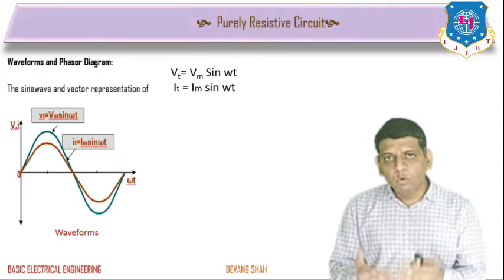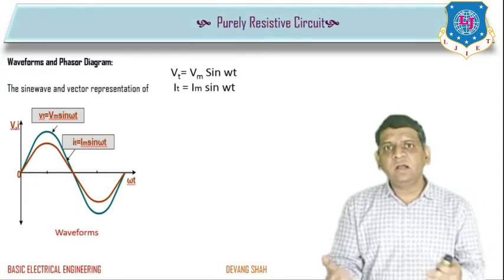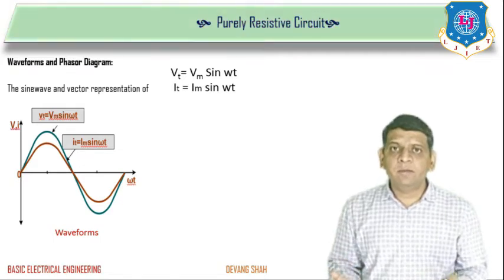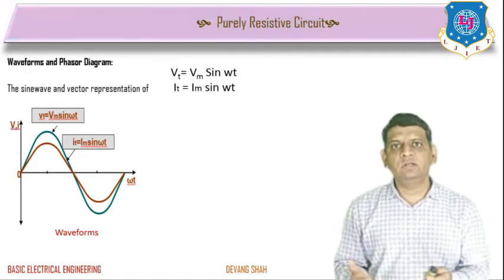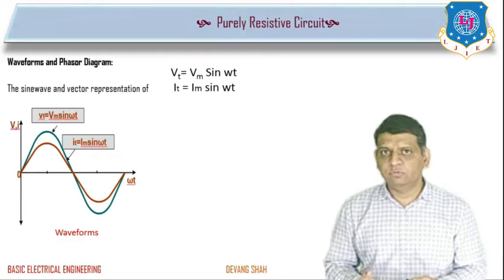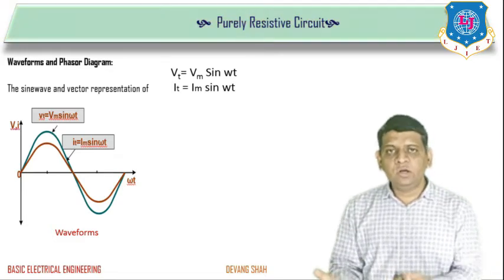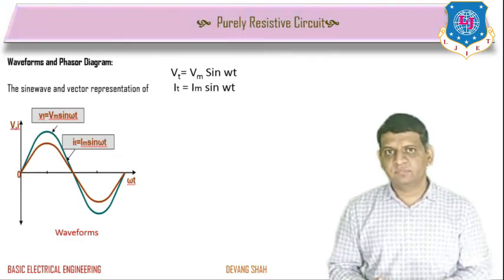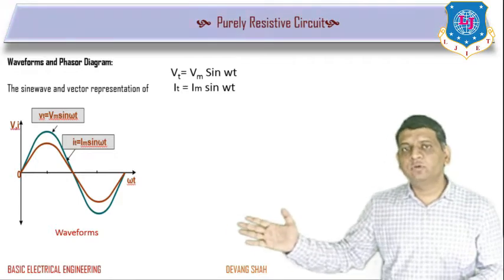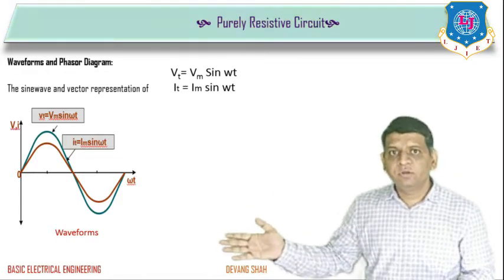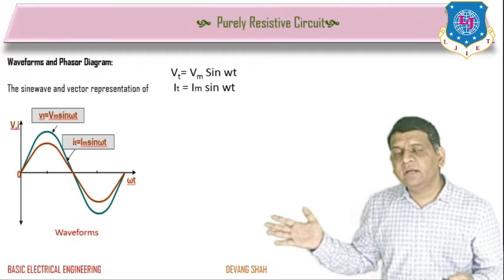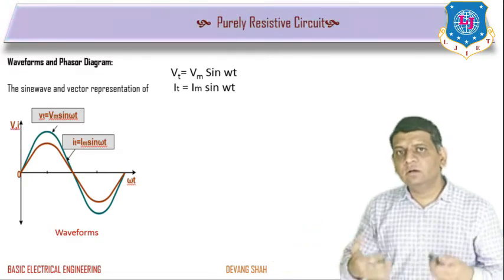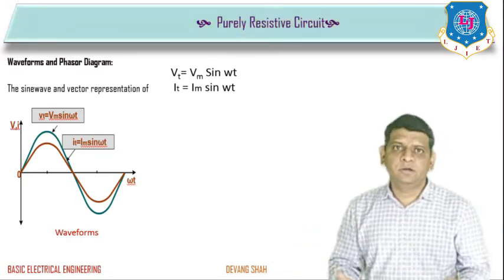Both voltage and current start at angle 0, because the phase difference between them is 0. So voltage and current are in phase. The sinusoidal signals start at angle 0, complete a full cycle of 2π, and the signal continuously repeats.